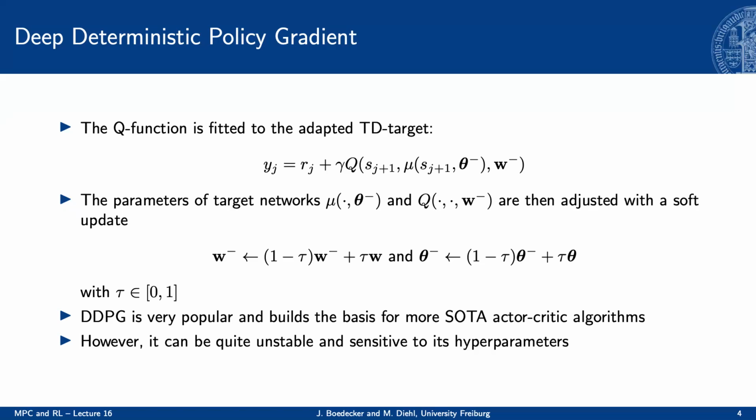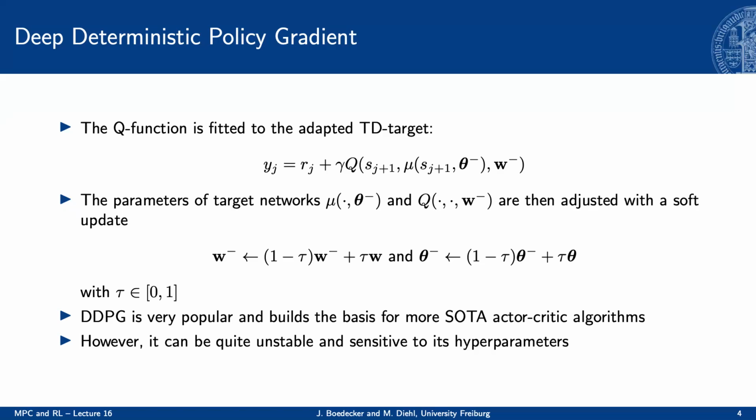Now you see we introduce target networks both for the critic, the Q function, which has parameters W dash for the target networks, and also we introduce target networks for the actor. So we also have a set of parameters theta bar or theta dash.